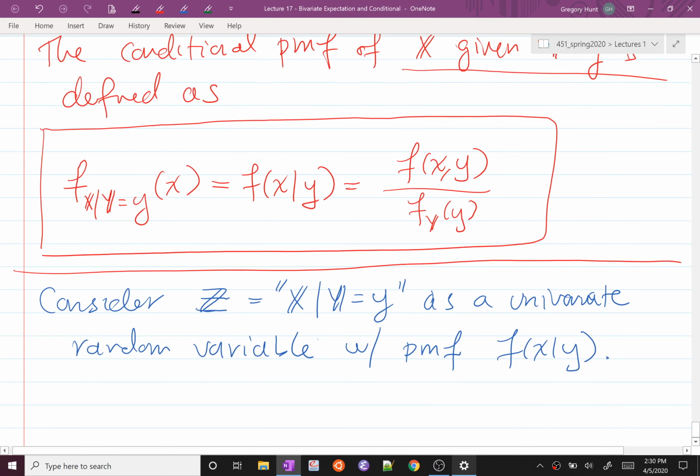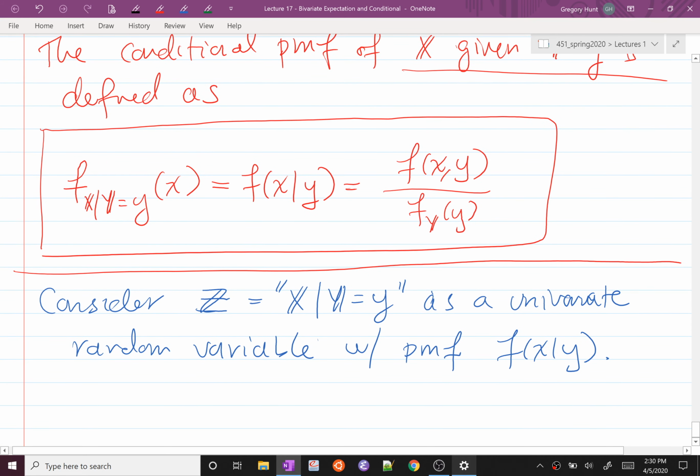If I condition X on Y being some value little y, that gives me a new univariate random variable. You can call it Z, you can call it whatever you want. But the point is that this quantity is a univariate random variable and has a univariate PMF, and the way we calculate that from the bivariate information is given in the definition above.